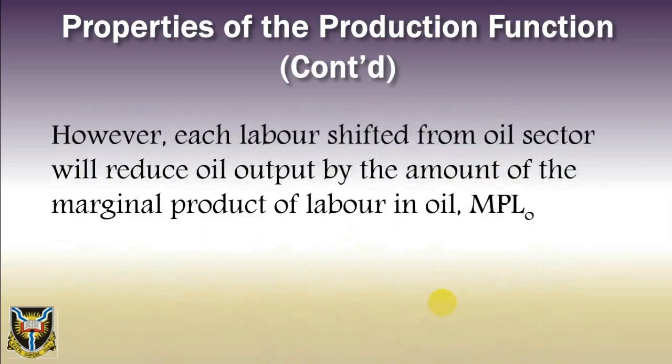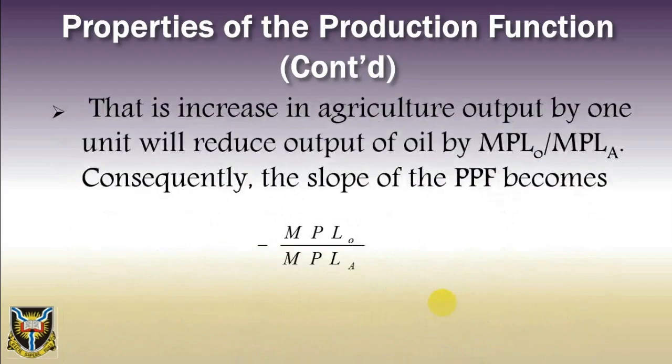However, each labor shifted from the oil sector will reduce oil output by the marginal product of labor in oil, that is MPLO. That is, an increase in agricultural output by 1 unit will reduce output of oil by the MPLO divided by MPLA. Consequently, the slope of the production possibility curve becomes minus MPLO over MPLA.